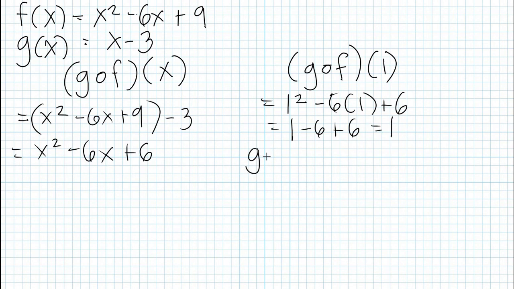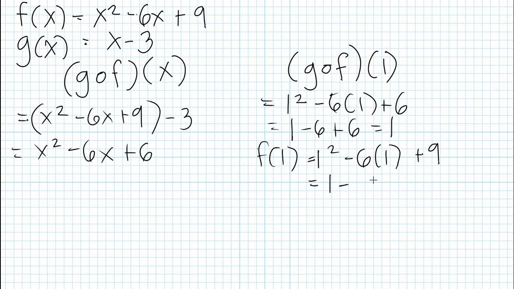Now let's try if this is correct. First, what we have to do is get the value of f1. So that will be 1 squared minus 6 times 1 plus 9. Here we can get 1 minus 6 plus 9. The value of this one would be 4.